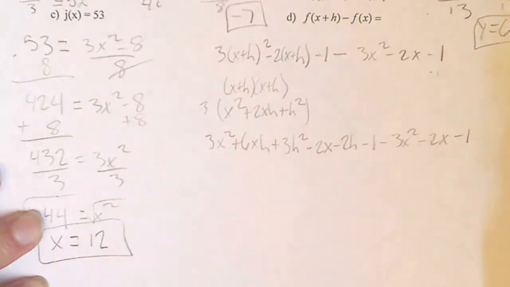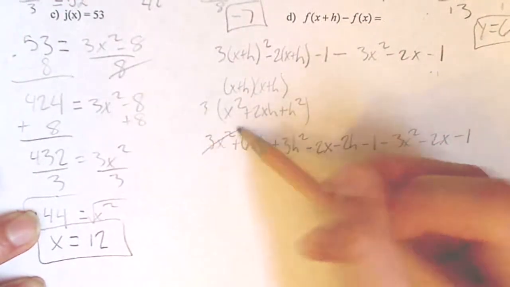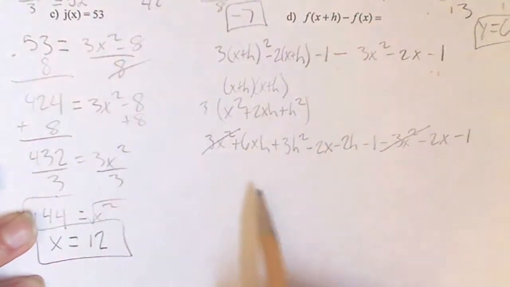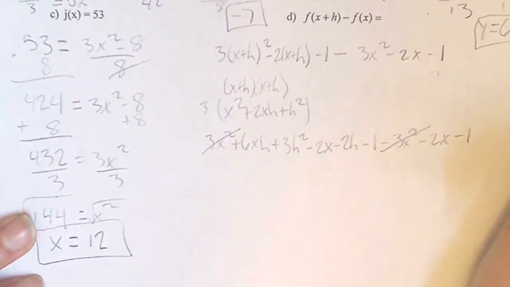And then you can look to combine or cancel anything. So 3x squared cancels with the negative 3x squared. You're left with negative 2x, negative 2x. Okay, nothing else cancels.